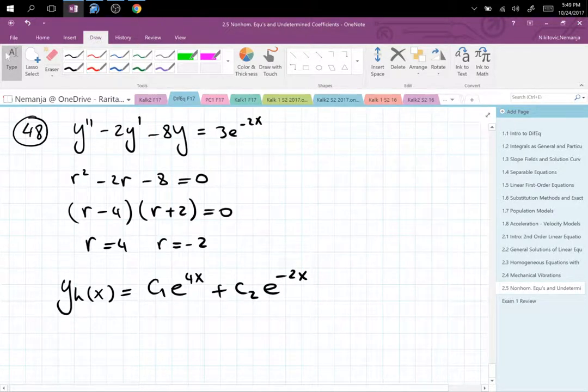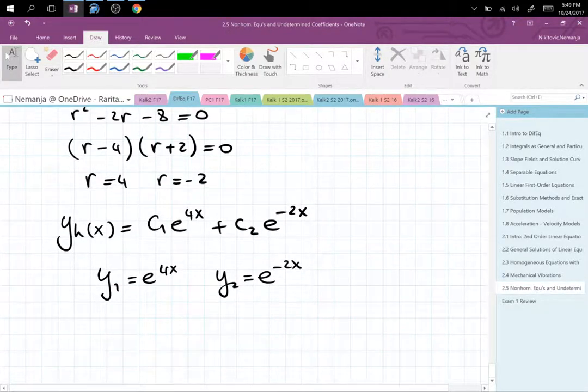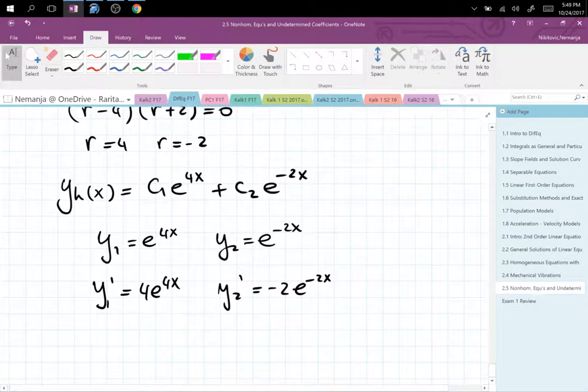So now, what we found is that y1 is e to the 4x, and y2 is e to the negative 2x. And what we do from there is we find the Wronskian first. So y1 prime is 4e to the 4x, and y2 prime is negative 2e to the negative 2x.